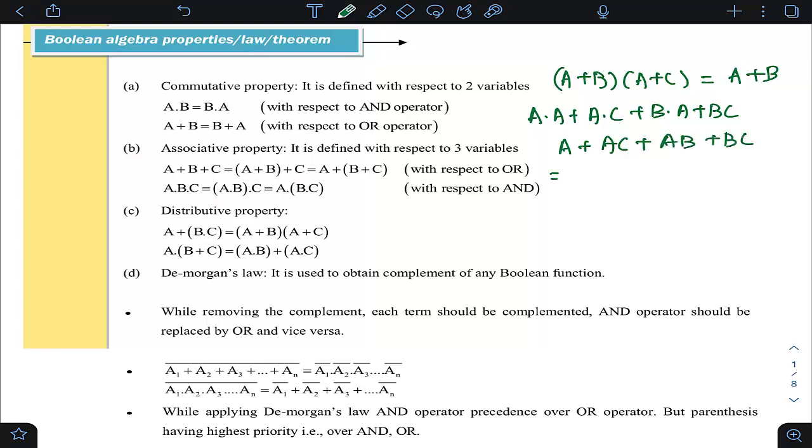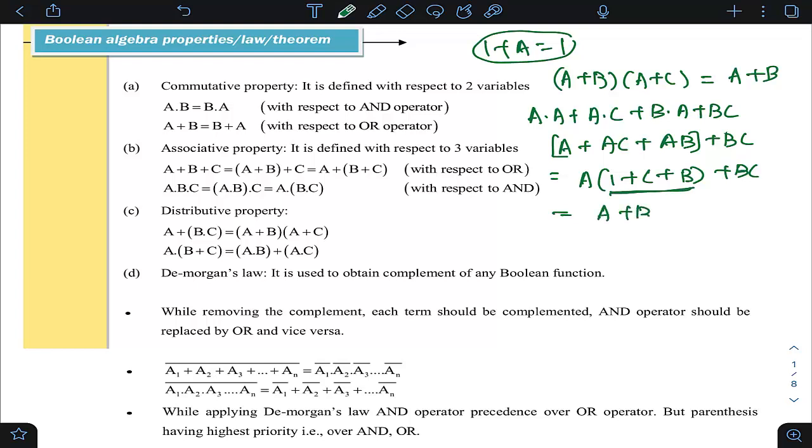From the first three, I can take A common. If I take A common, you get 1 plus C plus B, and then BC. We have seen that 1 OR with any variable is always 1, so this term is always 1, and you get A plus BC. So A plus B added with A plus C is A plus BC.